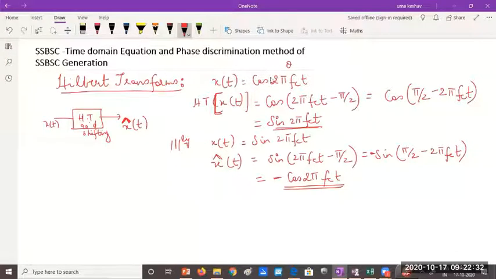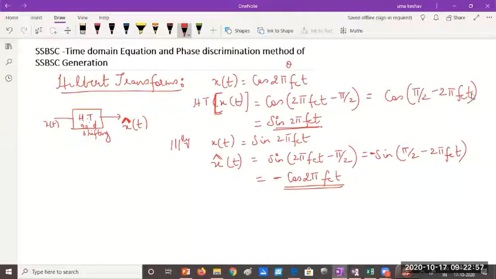Since we are interested in cosines and sines, sinusoids we are working with whenever we do modulation, I'll just show you how to find the Hilbert transform of a cos and a sine. Given a cos signal, cos 2 pi fct, you just need to find cos of 2 pi fct minus pi by 2.